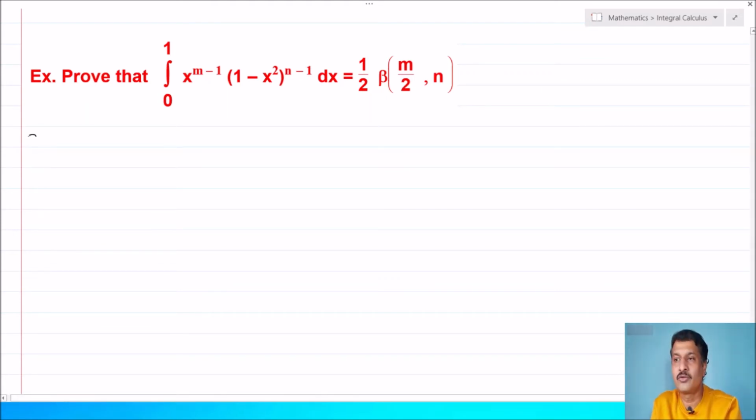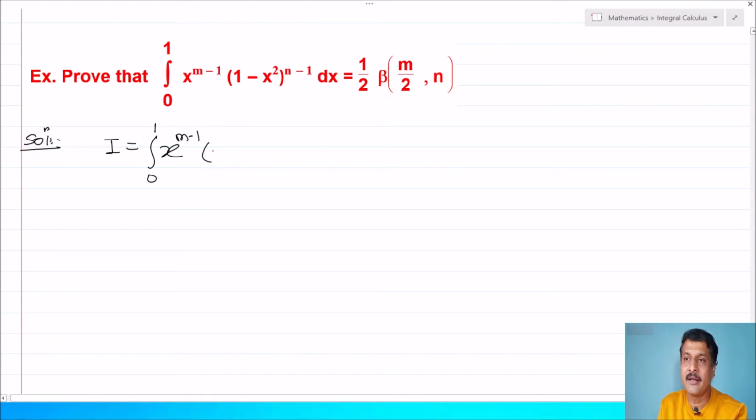Solution. Consider I equal to the integration from 0 to 1 of x raised to m minus 1 into (1 minus x square) raised to n minus 1 dx. So it is very clear by the definition of beta, in 1 minus t, I want a single t, meaning the power should be 1.